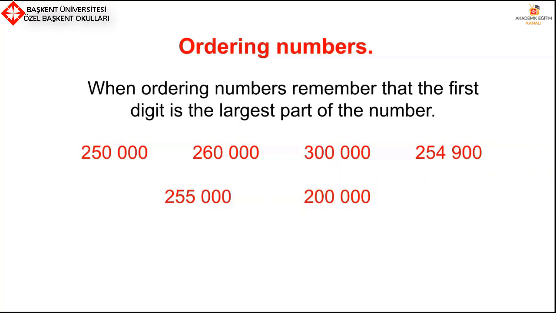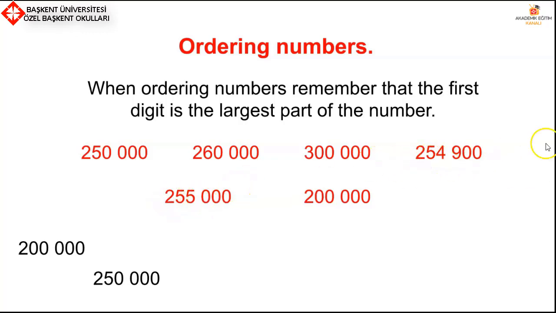Let's try and find the smallest number first. So with all of them, apart from the 300,000, start with the 2. 25, 26, 25, 25, 20. So of course the smallest number is going to be 200,000. The next number, 250, 254, 255. The next number is going to be 250,000.